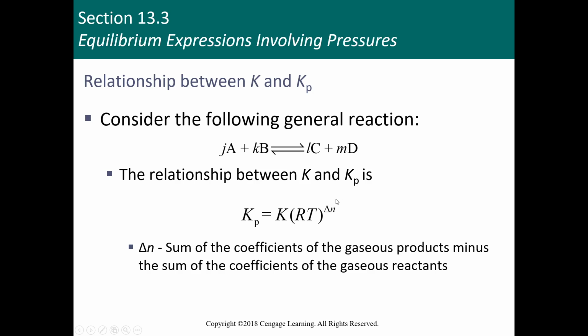Now, what does this change in moles mean? Well, this is the sum of the coefficients of the gaseous products minus the sum of the coefficients of the gaseous reactants.